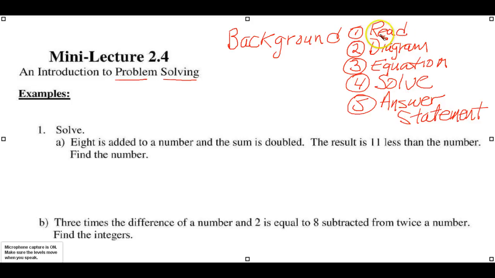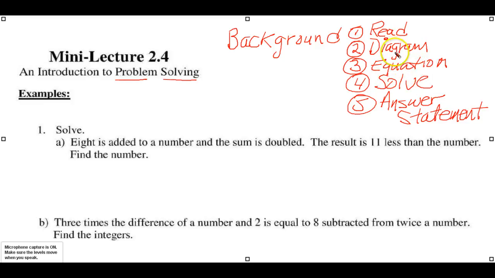Read it carefully, read it again, as you try to figure out what they want, what's going on, and sometimes a diagram, a chart, some kind of formula that might come up to help you deal with what you need to write out as an equation. And this is critical. That's what this is all about.